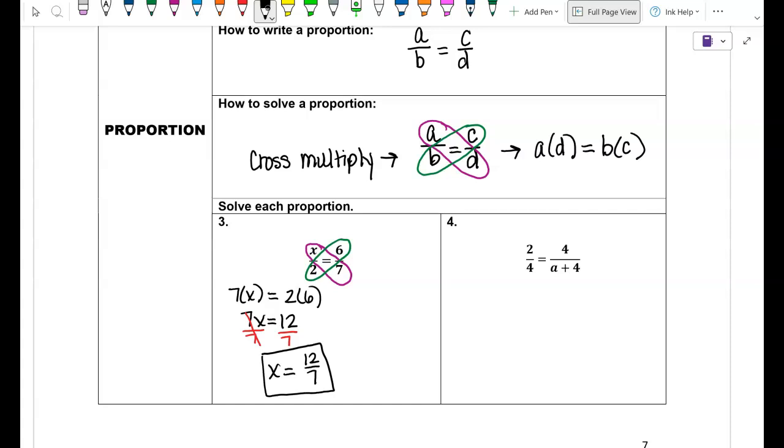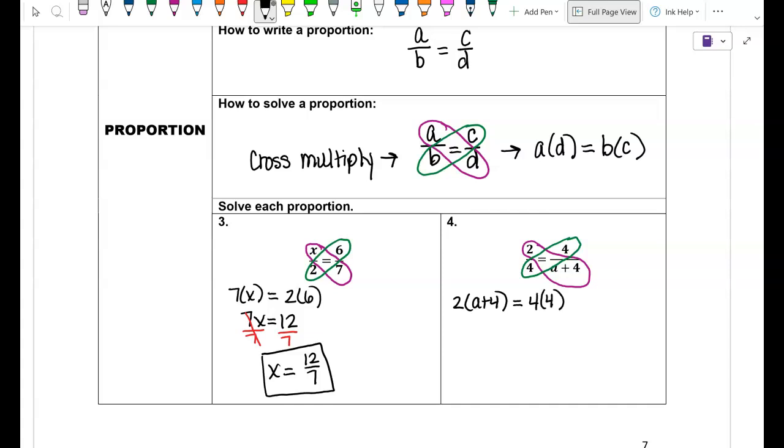Number 4, 2 over 4 equals 4 over the quantity a plus 4. So again, when I go to do my cross multiplication, I have 2 times the quantity a plus 4 equals the other diagonal of 4 times 4.